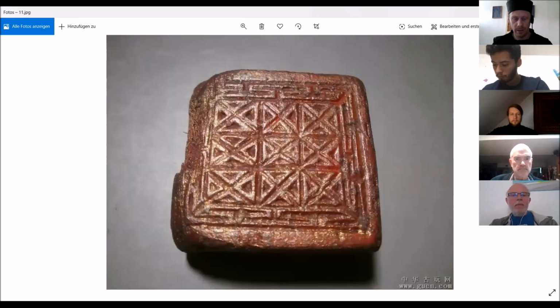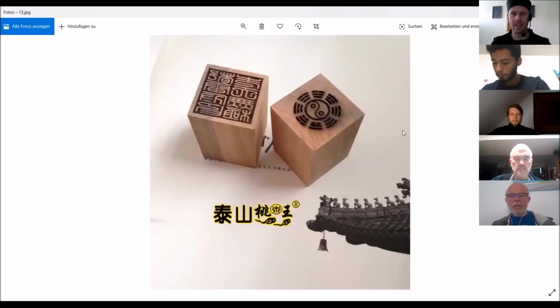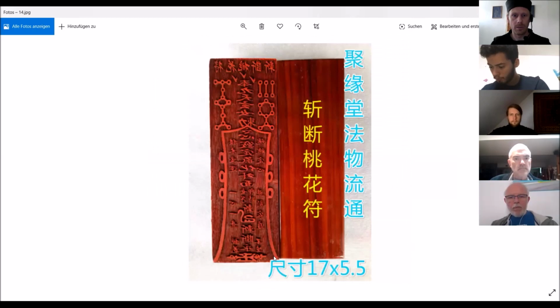The Fayin, the Daoist seal stamp, is a very important tool for talisman practice, but also for the ceremony. You use the seal stamp to stamp registers and also to imply the energy of the deity, the spiritual energy. Here's a so-called yinban.